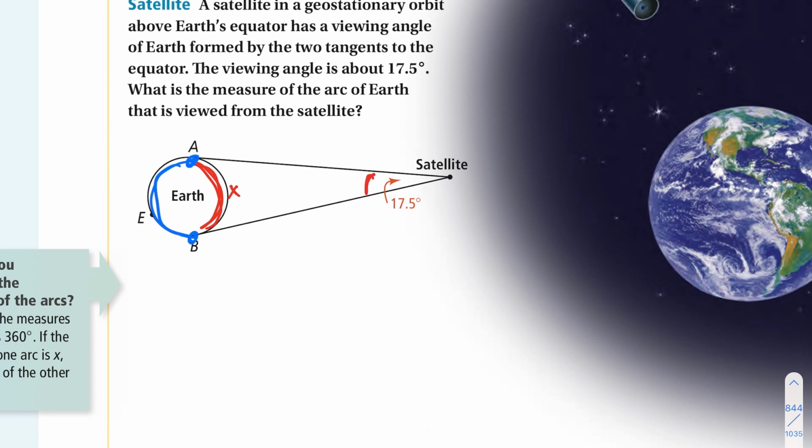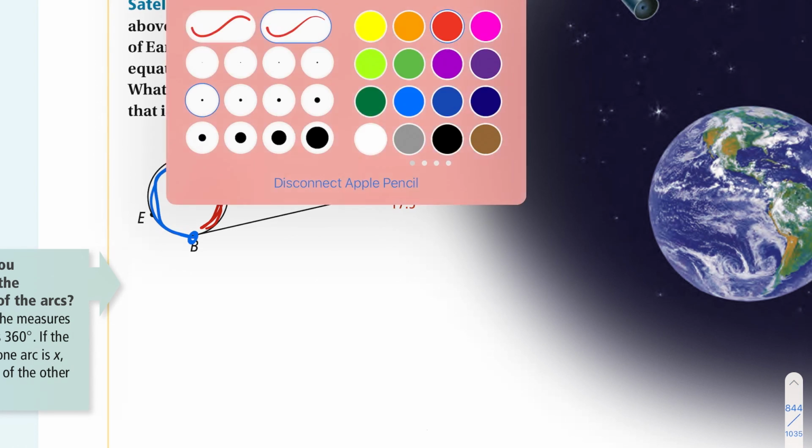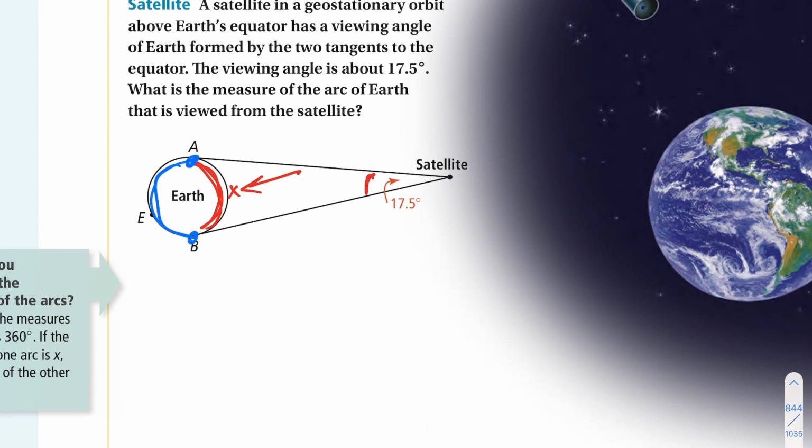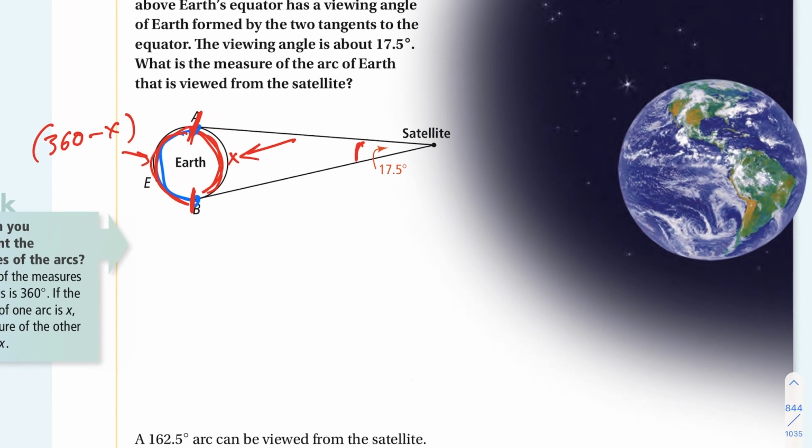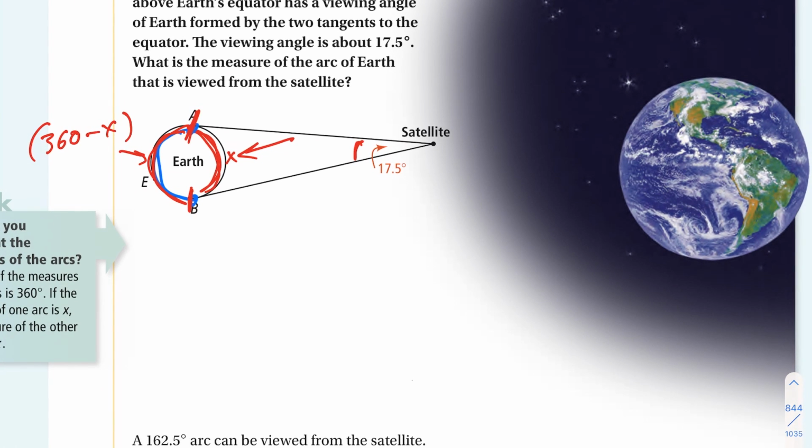Well, check it out. If we assign this value x, which we're trying to find, then that other arc is going to be 360 minus x. Hopefully that makes sense to you. And these are both tangent lines, so we get to cut them off right there. It's a great quiz or test question. So let's take a look.